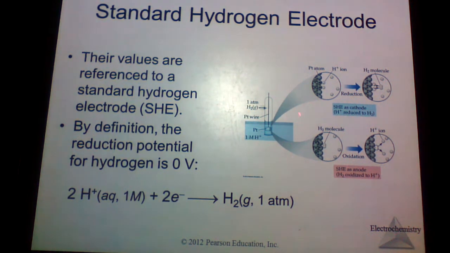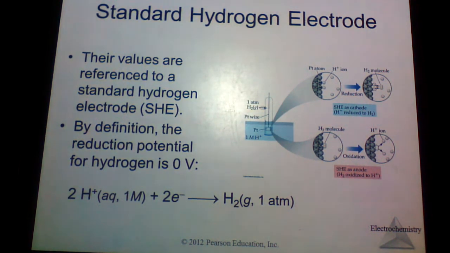This is the only electrode that's really able to do this. Because it's reversible, we consider this to have 0 volts. It can reduce, or it could oxidize. It can act as a cathode, it could act as an anode. So for us, we've just defined this as having 0 volts.